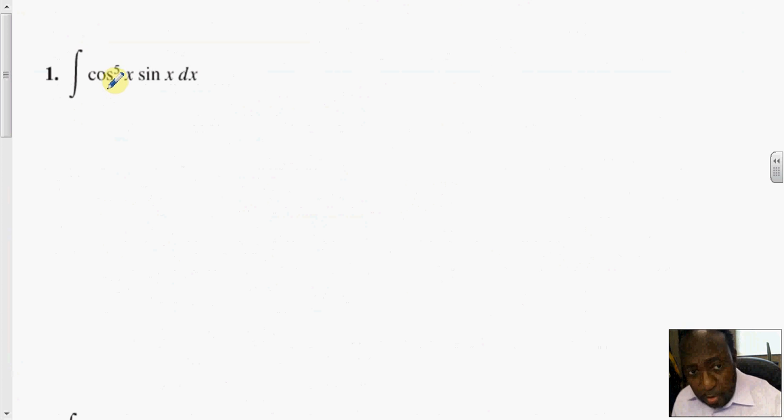So notice here, there's no need to even go through the process of what we just got through talking about, because with the cosine to the 5th x and the sine x, since there's only one sine x, we can use directly a u-du substitution and get what we want. Let me show you.